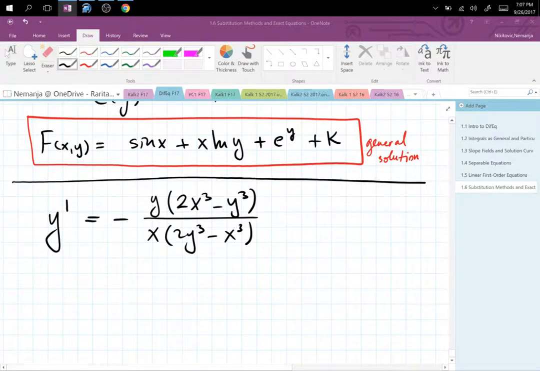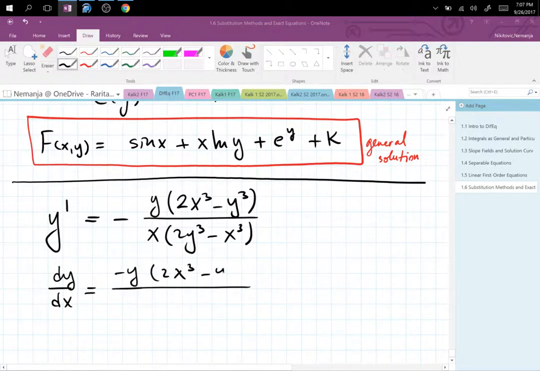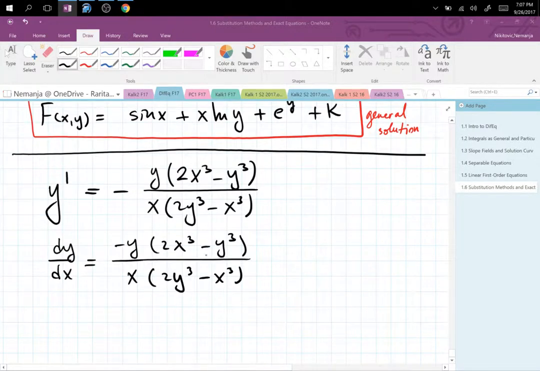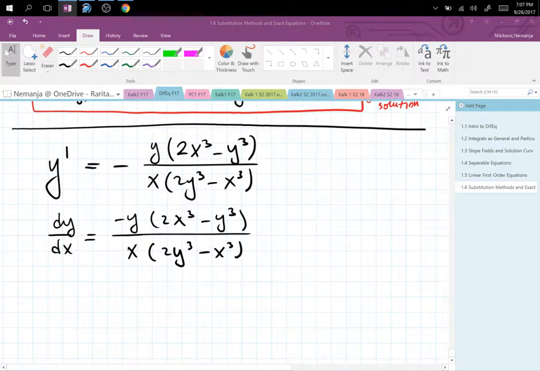So what I'm going to do here is write dy over dx is equal to this thing. I'm going to actually assign the negative to the numerator. So how about negative y times 2x cubed minus y cubed over x times 2y cubed minus x cubed. And when I distribute this minus sign, it will swap these terms. So now I'm going to cross multiply these.